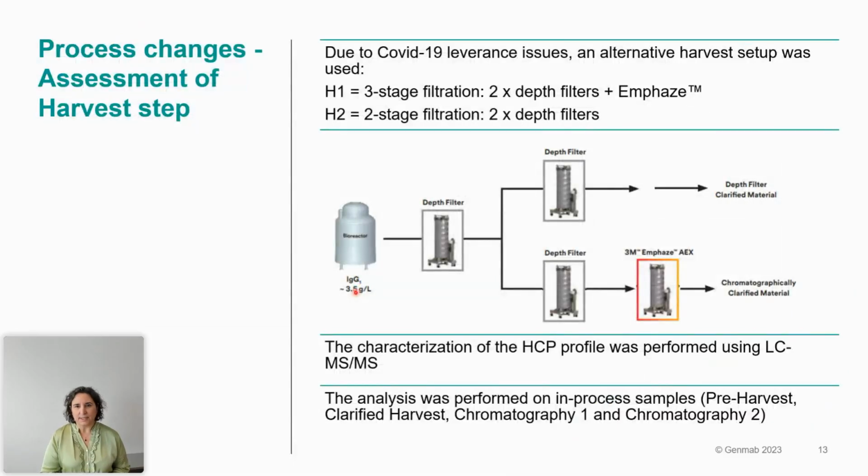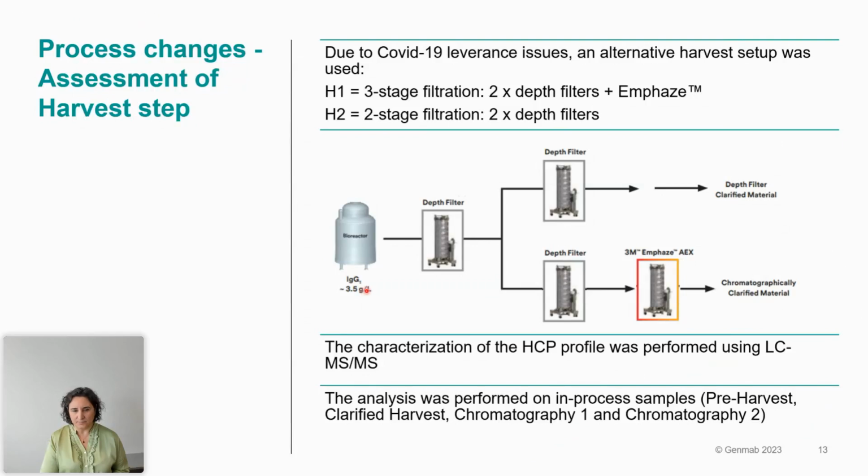Due to COVID-19 and delivery issues, we had some issues having a specific filter delivered. So we needed to assess what was the impact of this harvest stage filtration regarding the HCP impurities. Would they have an impact or not?